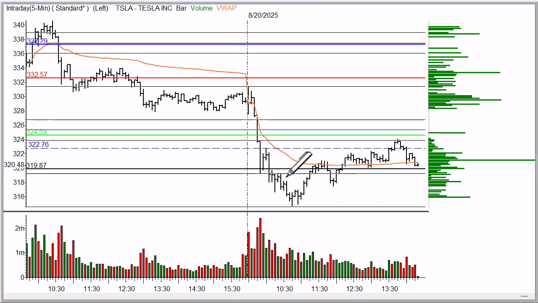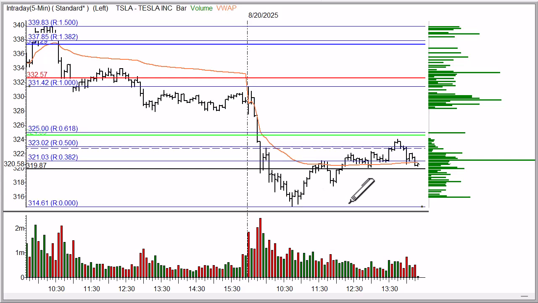The other thing this morning was, look at that. It's a perfect 382 retracement to where we got short. So our first short in the room today was up here at this retest of the volume weighted average price, and then we stayed short.